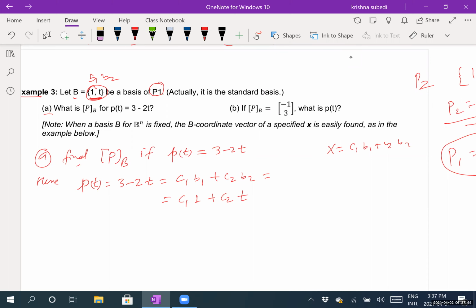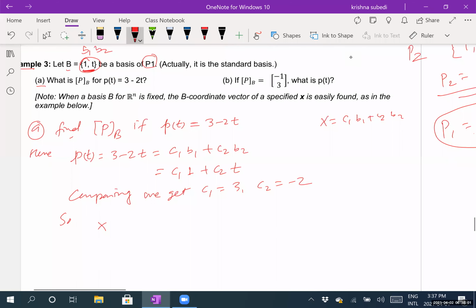Now when you compare this, so comparing, we get C1 equals 3 and C2 equals -2. So the coordinate of P relative to B can be written as 3 and -2, because remember how we define this.